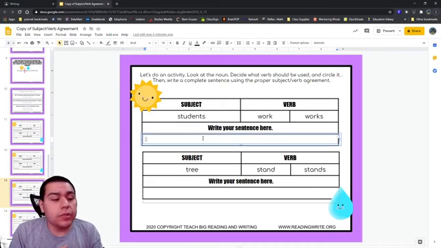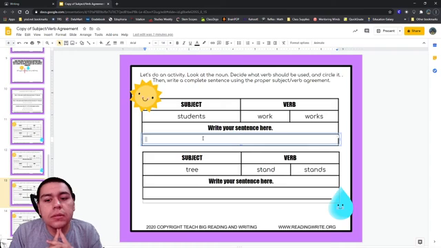Who can tell me for that first sentence, the subject should have been students? What's a sentence I could write with the subject of students? And I need either the verb work or works. Heidine? What verb should I have picked, Heidine?